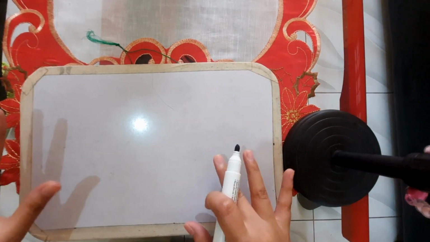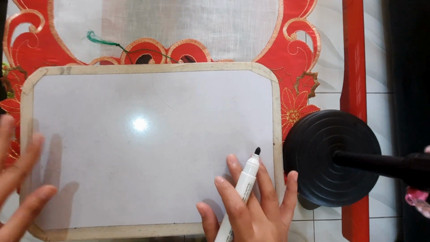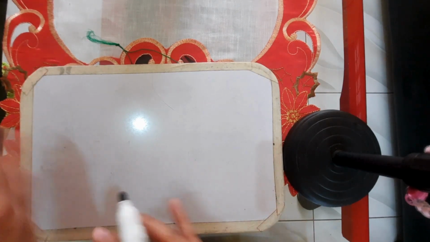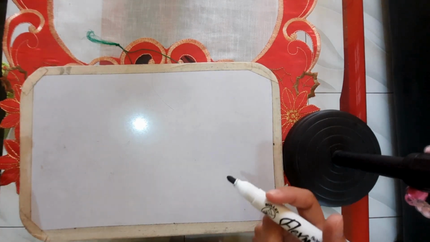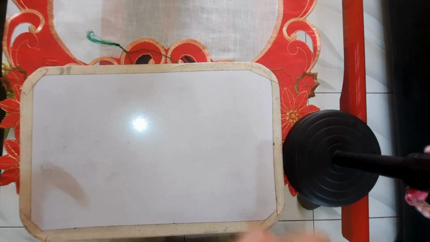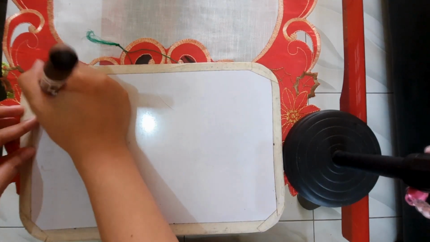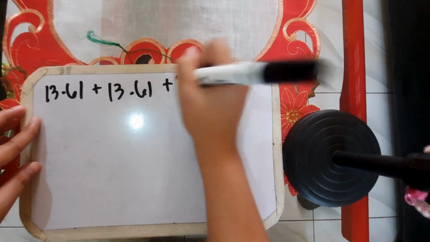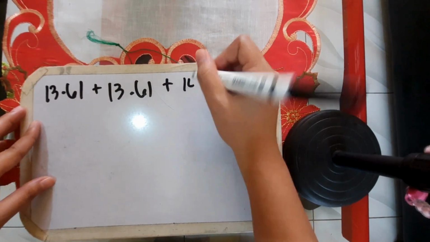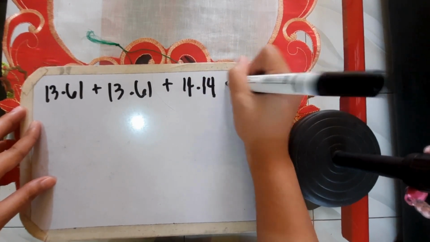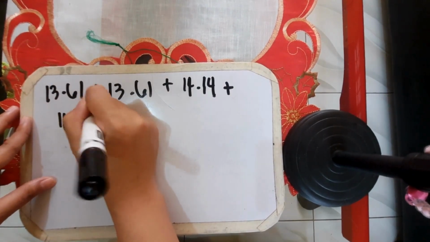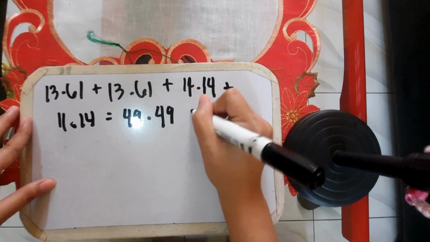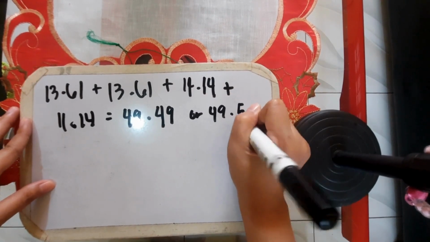Now that we have squared the observed values minus the expected values, and we also divided it with the expected value, we will now get the summation of it, which is 13.61 plus 13.61 plus 11.14 plus 11.14 is equal to 49.49 or 49.5.